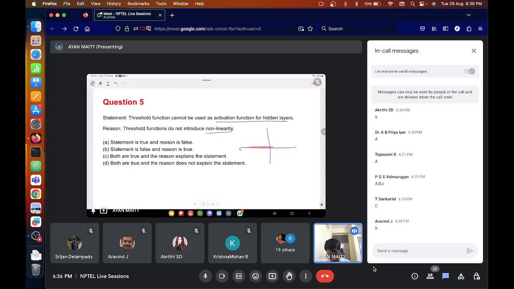For negative values this is 0, and for positive values this is +1. So this is also called the step function. Akriti is saying option A.